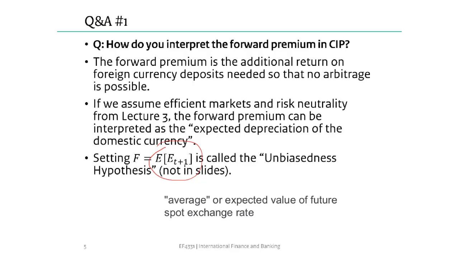What this means is that the market participants in the FX markets will, on average, be correct in forecasting the future spot exchange rate. Deviations from this have special terminology, which I'll get to much later in class. But that's what you should think about F, from CIP. It's an expectation. That's what the E with the brackets means here: the expected value, taking the average, of the future spot exchange rate sometime in the future.